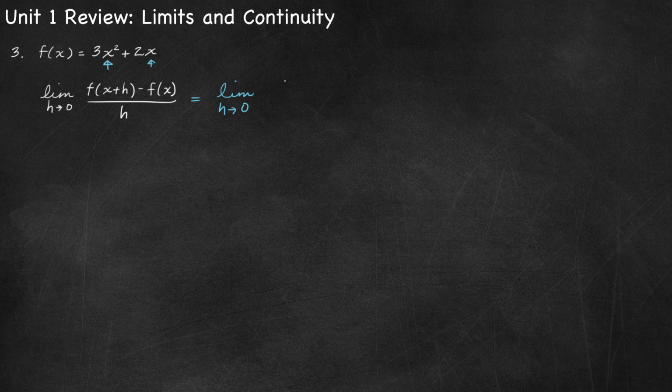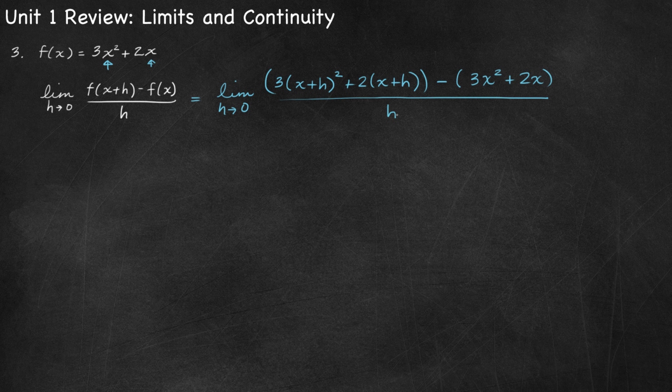So f of x plus h is going to be 3 times x plus h squared plus 2 times x plus h. Now I need to subtract f of x, and f of x is just 3x squared plus 2x. All of that over h.